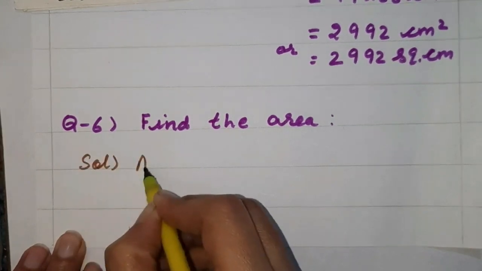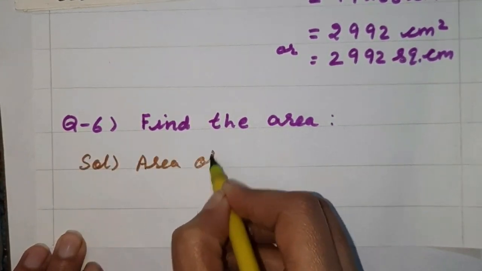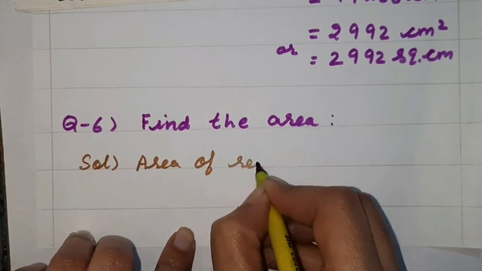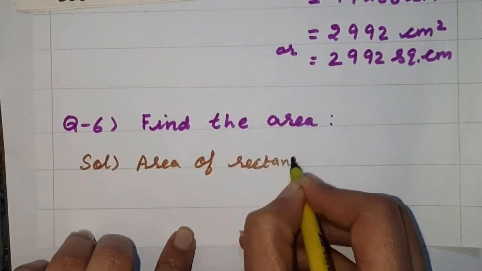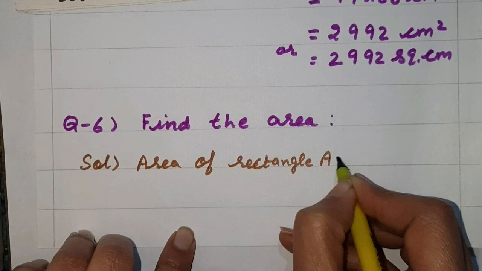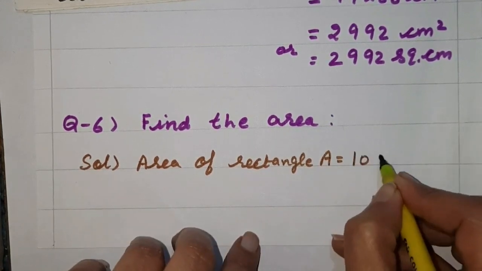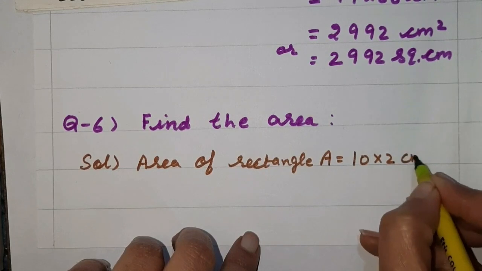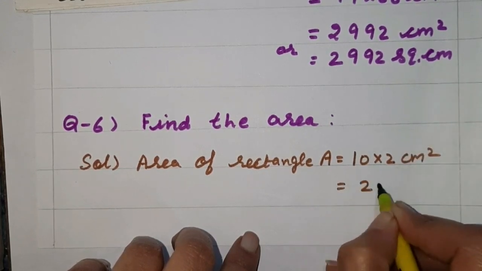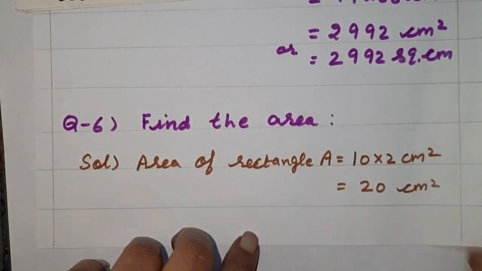So area of rectangle A is equal to 10 multiply 2 centimeter square. That is 20 centimeter square.